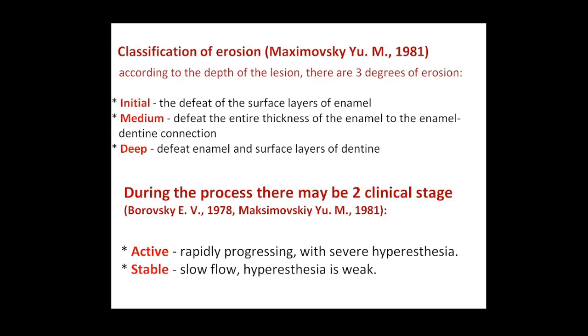And the deep degree, defect of enamel and surface layer of the dentin. During the process, there may be 2 clinical stages: active and stable. Active, rapidly progressing with severe hyperesthesia, and the stable, slow flow, hyperesthesia is weak.